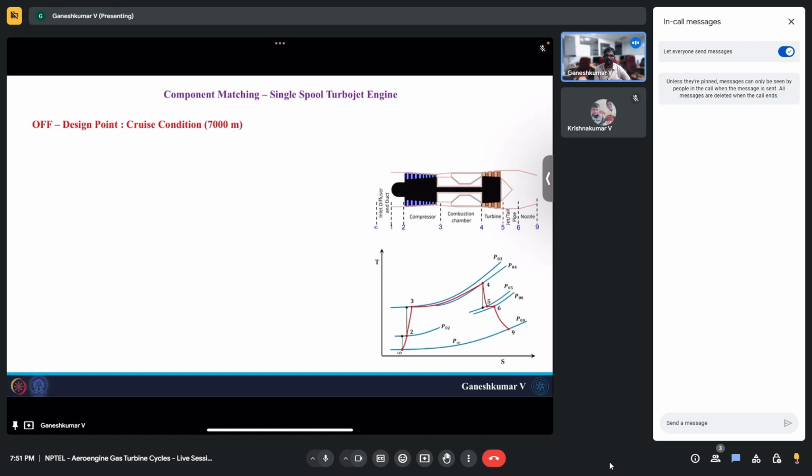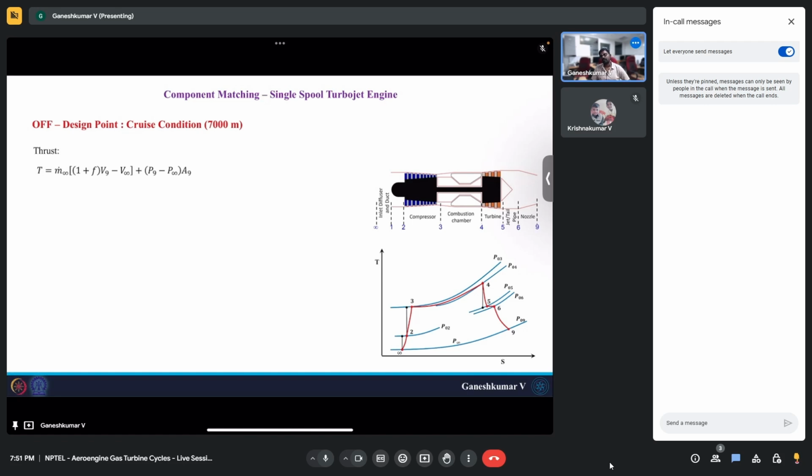What we have is we have found velocity and pressure. Now we will find the thrust. We know how to calculate the thrust of a turbojet engine. V infinity is based on the M infinity, which is 0.8 for this off design point.